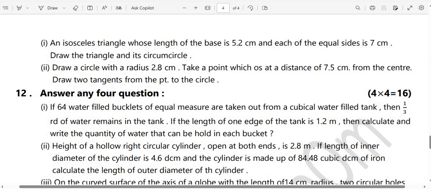If the length of 1/8 of the tank is 1.2 m, then calculate and write the quantity of water that can be held in each bucket.